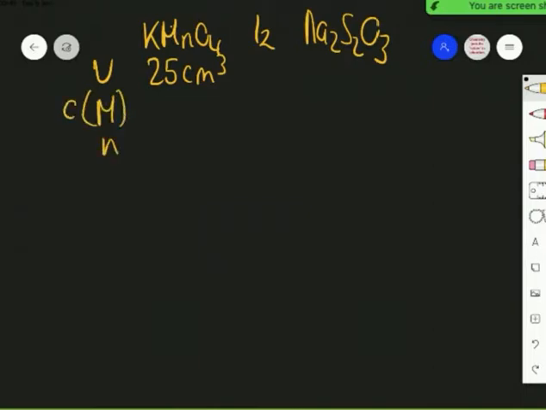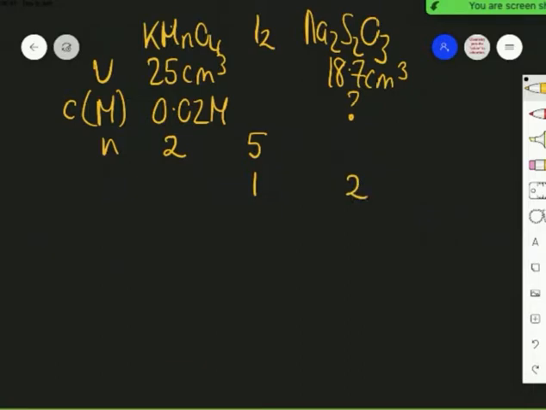So I have the 25, I have 0.02 M, I have my titre value 18.7 cm³, and if I read down through my question, it's asking me to calculate the molarity of my sodium thiosulfate, so this is my question mark. The ratio I'm getting over the two equations: in the first equation the ratio of KMnO4 to iodine is 2:5. In my second equation it's 1:2 for iodine to thiosulfate, which is the equivalent of 5:10.